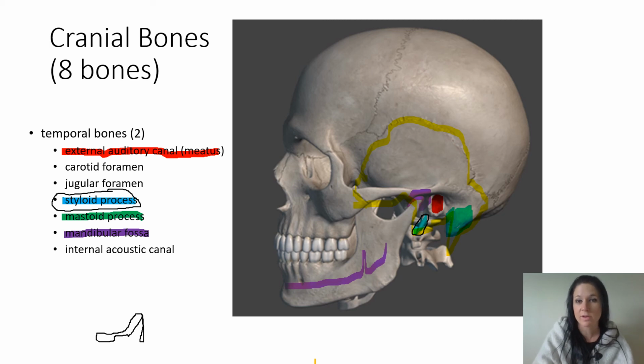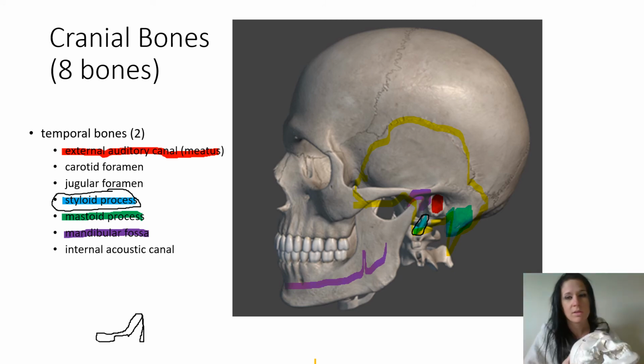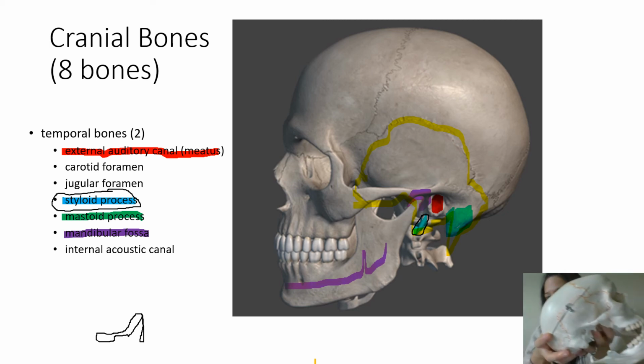Okay, so I know this is sort of a colored mess, but we're going to look at the same four structures with an increased magnification on the next slide. So let's just look at those really fast on the skull, if I can line it up.